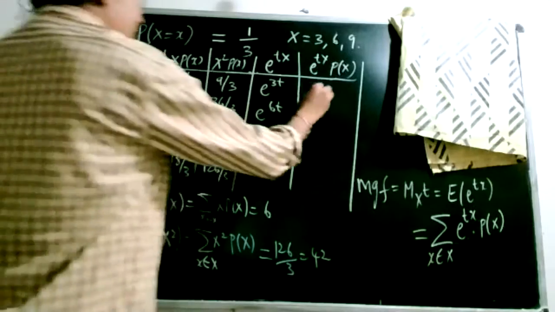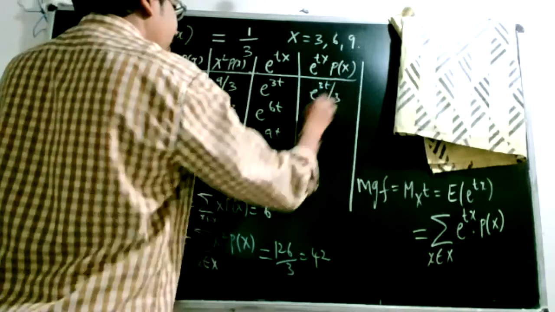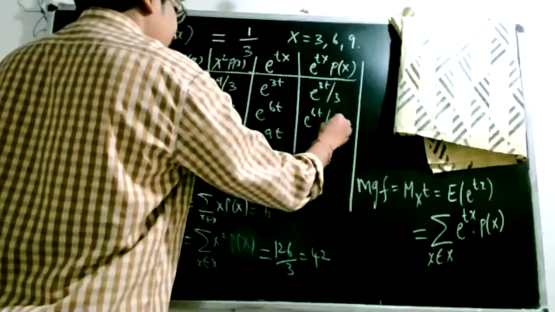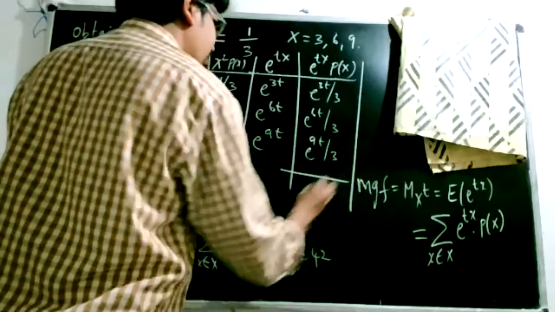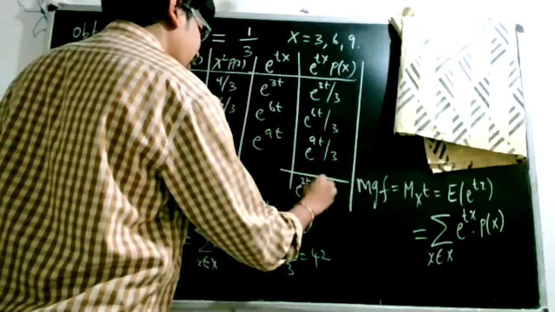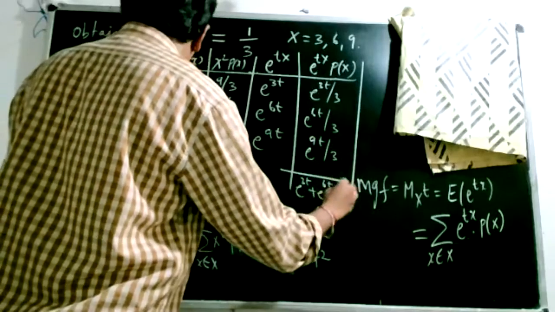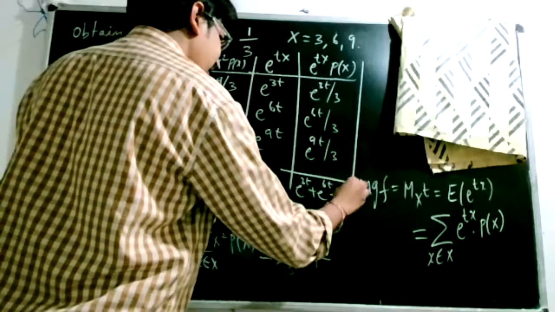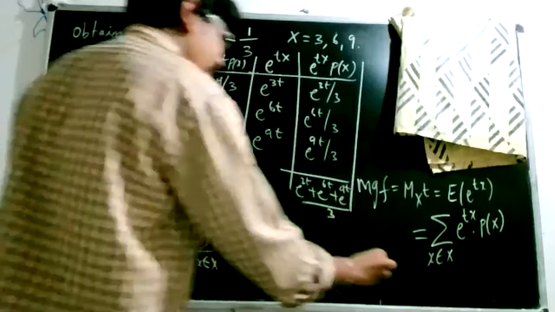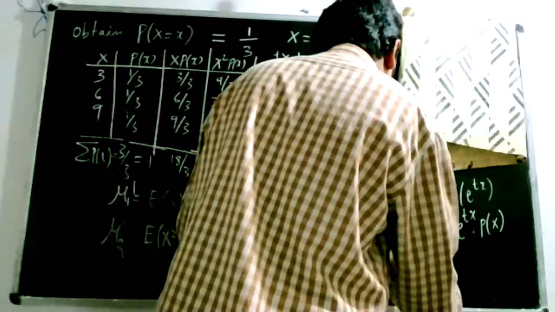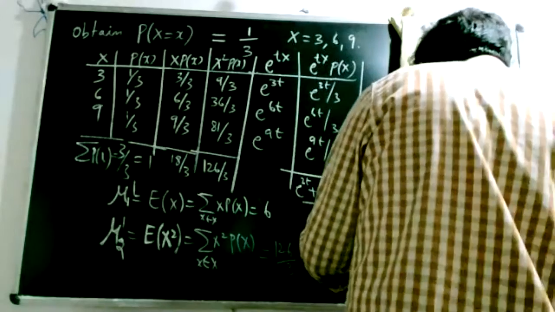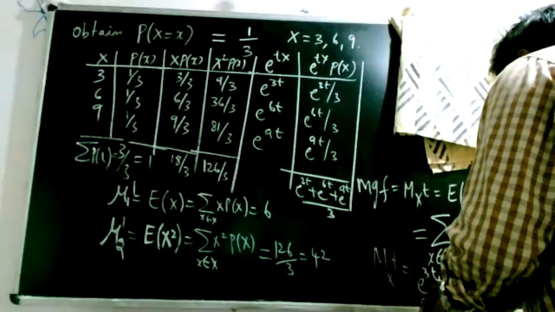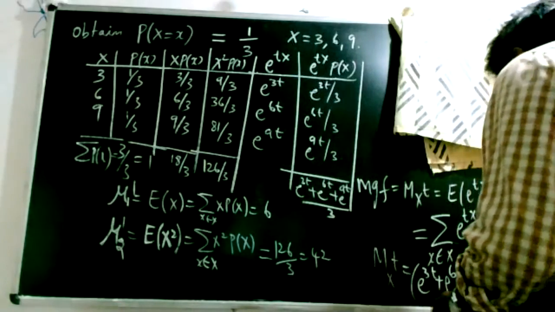Into px, this gives e power 3t by 3, e power 6t by 3, e power 9t by 3. The total comes to e power 3t plus e power 6t plus e power 9t, whole divided by 3.